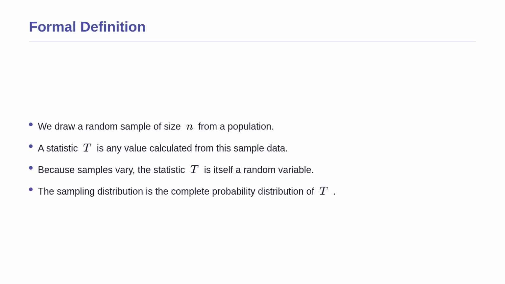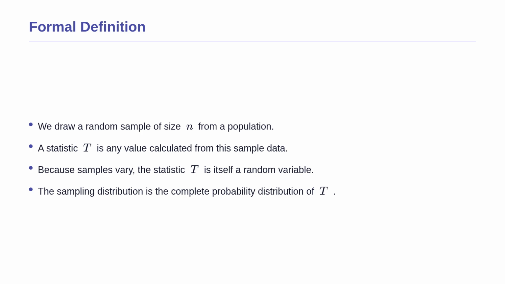Now that we have an intuitive feel, let us define this formally in statistics. We rarely have access to the entire population, so we draw a random sample of size n. A statistic is simply any value calculated from this sample data, like the sample average.